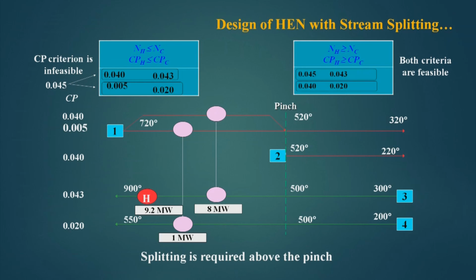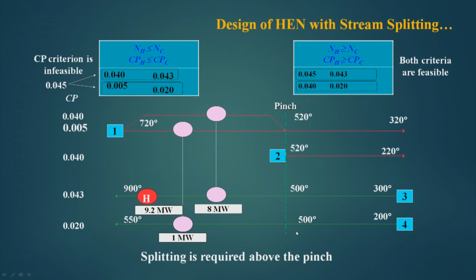So, you have already passed 8 megawatt, so the requirement is another 9.2 megawatt. Now, as all the heat has been given by the hot streams, no heat is left in the hot end. So, the heat has to be brought from the utility. So, the rest 9.2 megawatt has been passed to this from the hot utility.